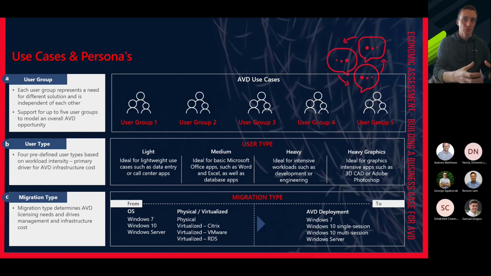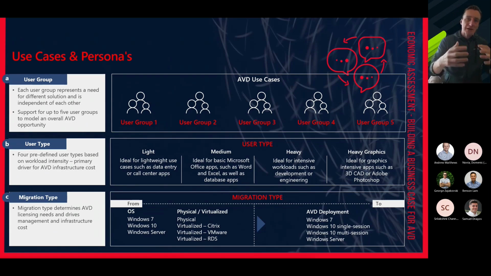We understand the application workloads, and we fit those application workloads into a type of user we can assign a set of resources to. And then we'll have a look at where they're migrating from, so we can also assess the licensing that might be needed, and any infrastructure drivers that might be affecting the overall business case or personas.